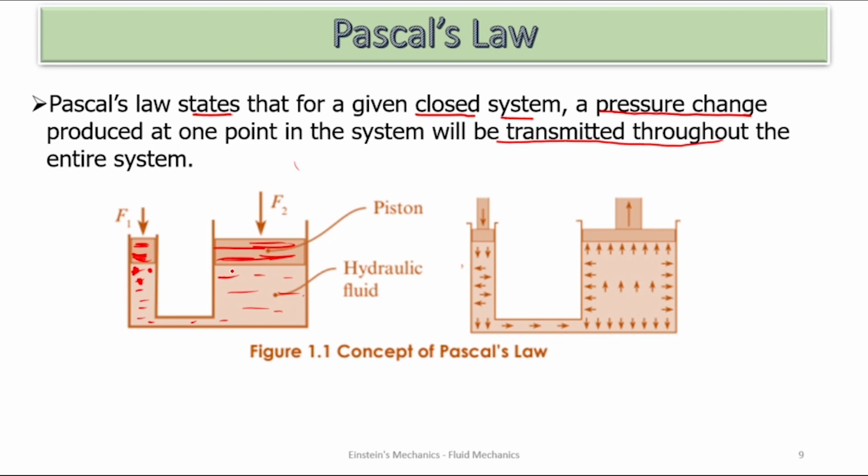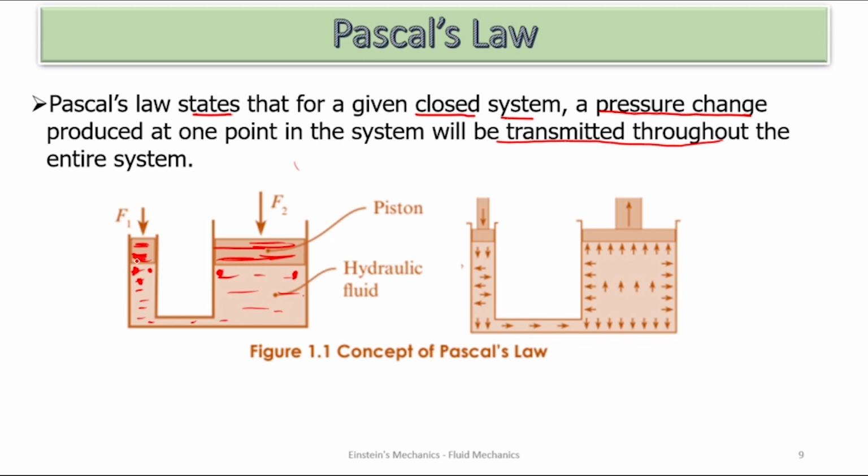So the pressure here will be equal to the pressure at this point. Are we good? It will be equal to the pressure at this point. And with that, we can use it to do many other important things in the industry. Are we good? So it helps us a lot.